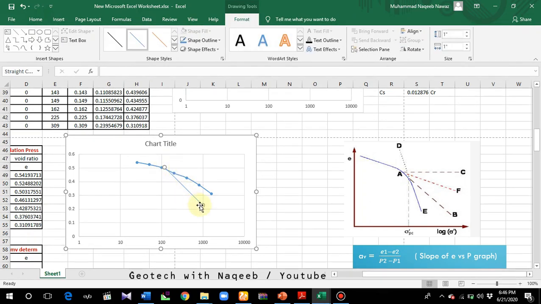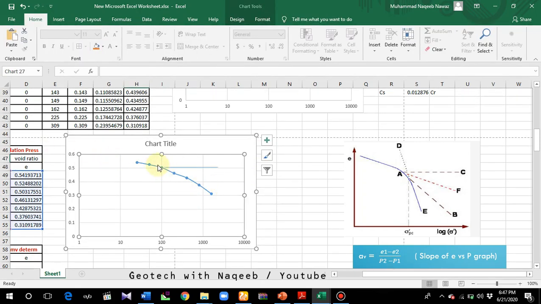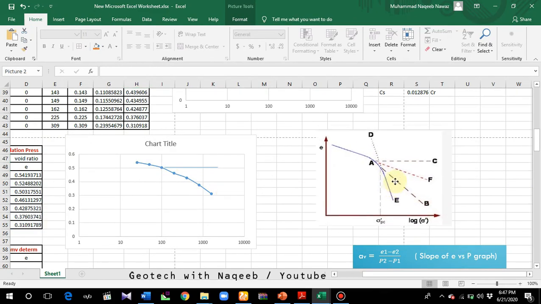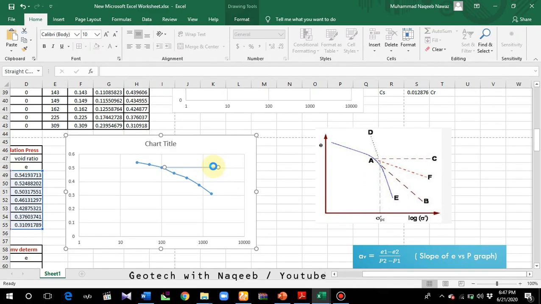Draw a straight line from this point, like this. Then draw a tangent at this point, like here it is done. I will draw a tangent like this over here.